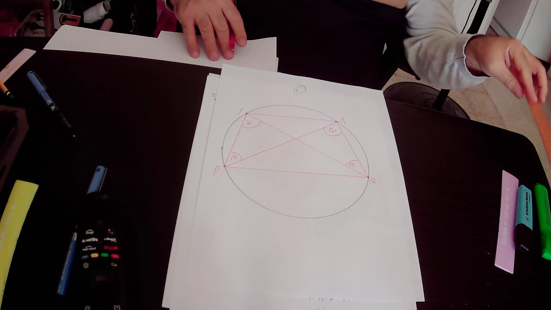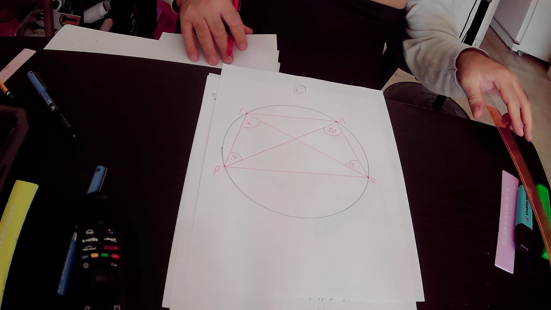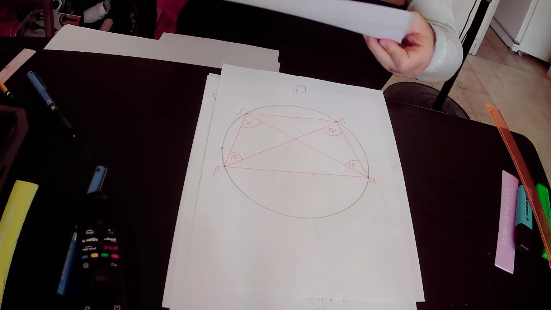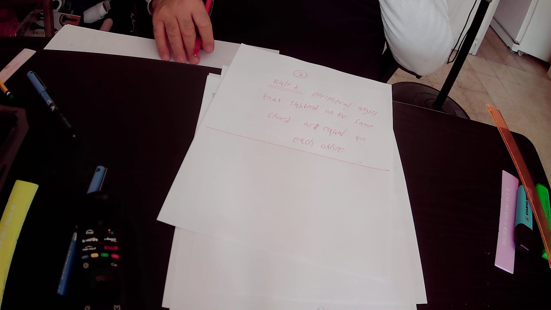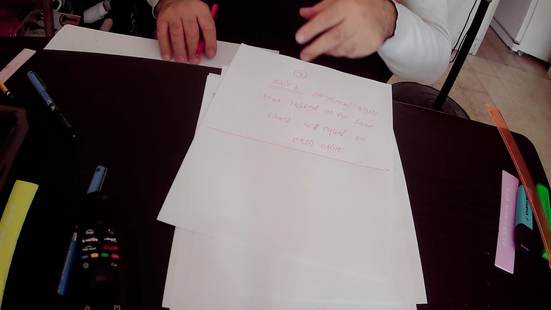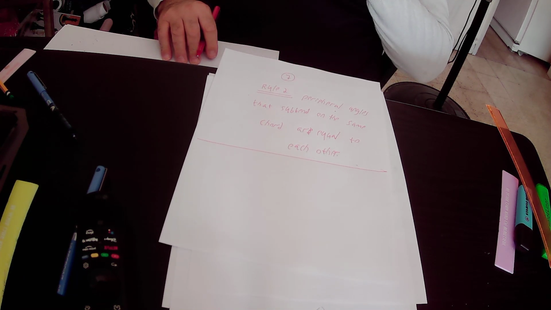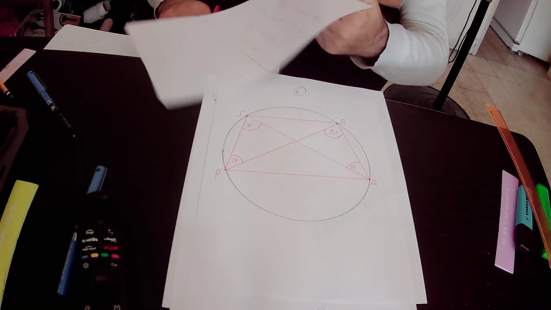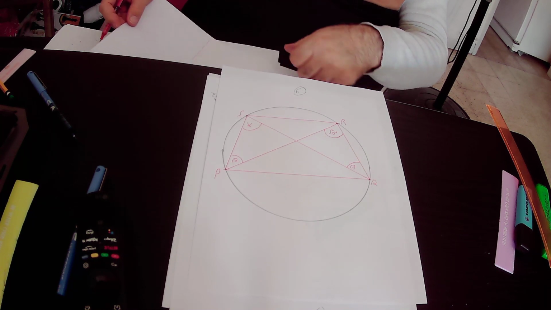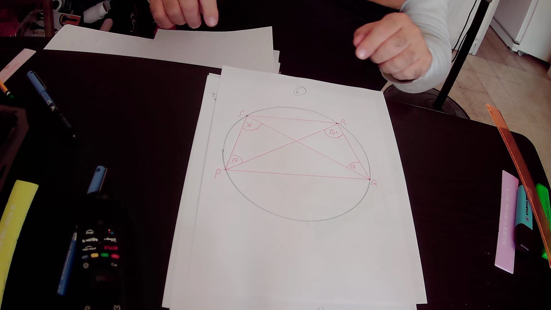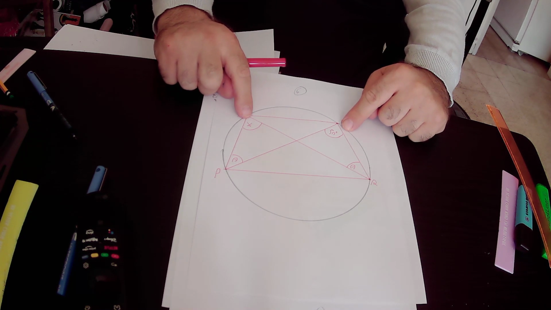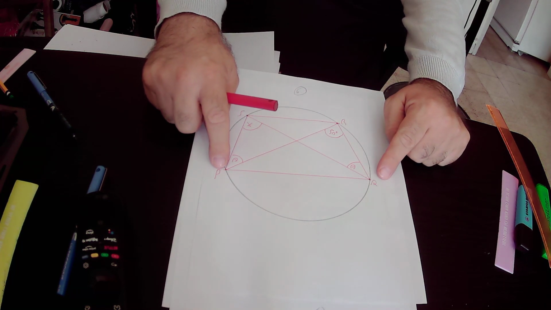So I will read rule number 2 again. Rule number 2 states that peripheral angles that subtend on the same chord are equal to each other. So actually, as I've already explained, those two peripheral angles X and 50 degrees both subtend on the chord PQ.